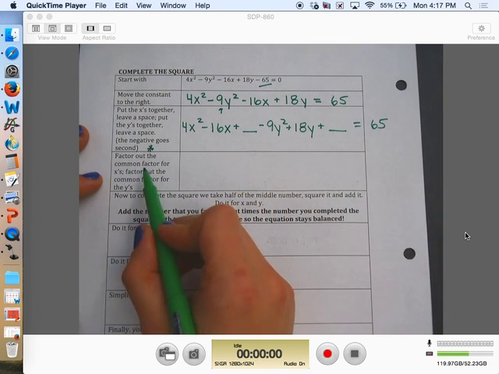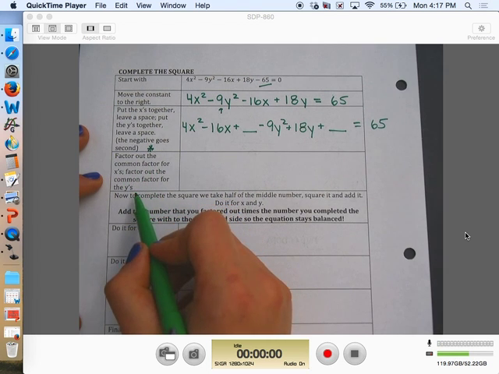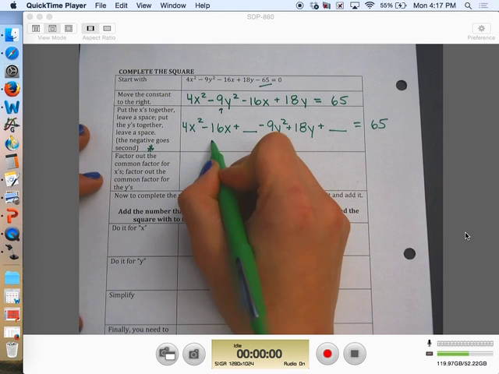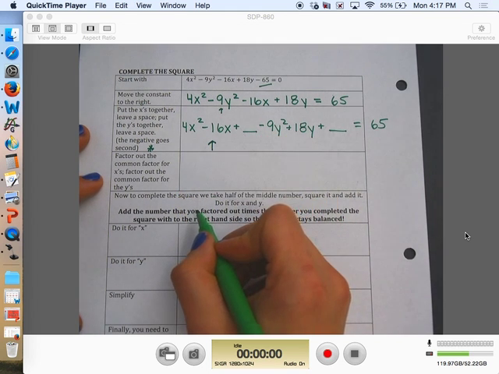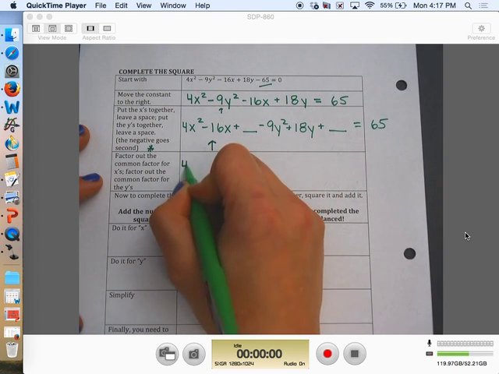Similar to ellipses, we have to factor out the common factor for both the x's and the y's. I'm going to pull out a 4 here.